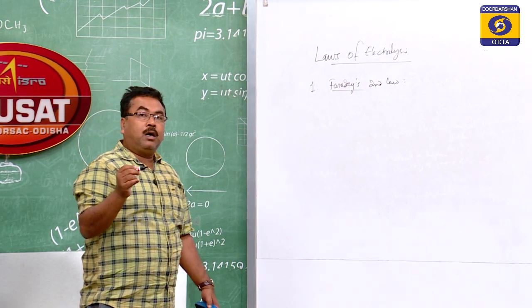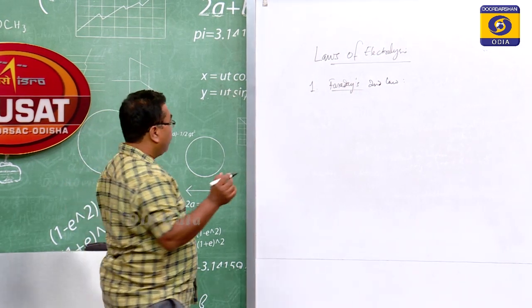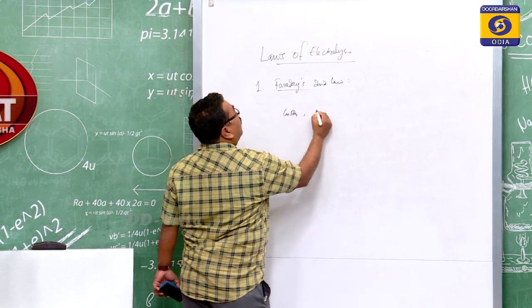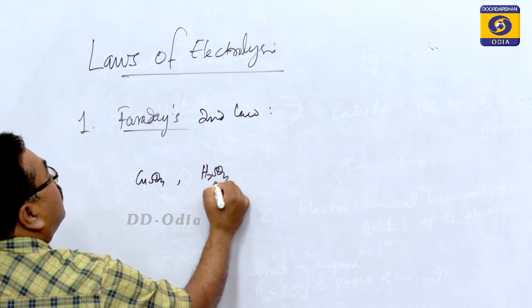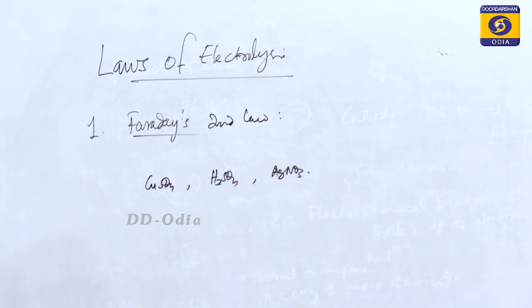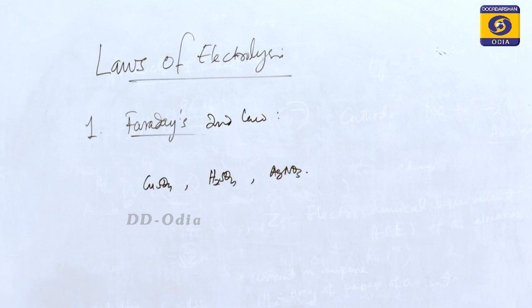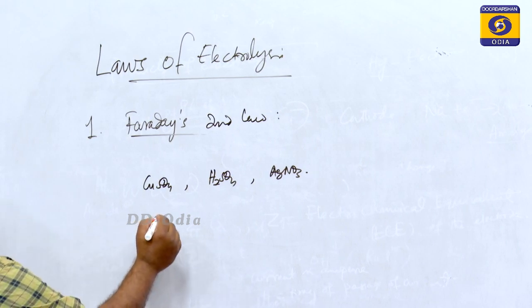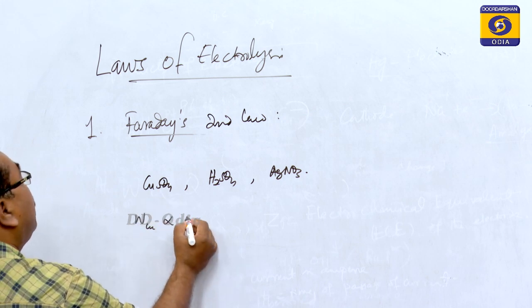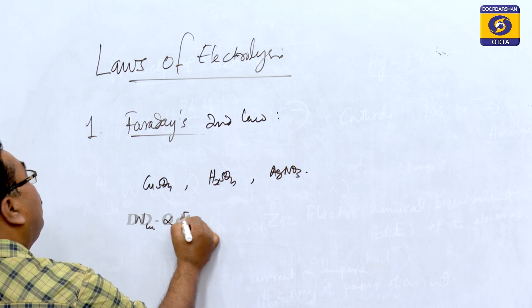Suppose we are having three electrolytic solutions: one is a copper sulphate solution, another is a dilute sulfuric acid solution, and another is a silver nitrate solution. According to this, the amount of substance W copper is proportional to the equivalent mass of copper.